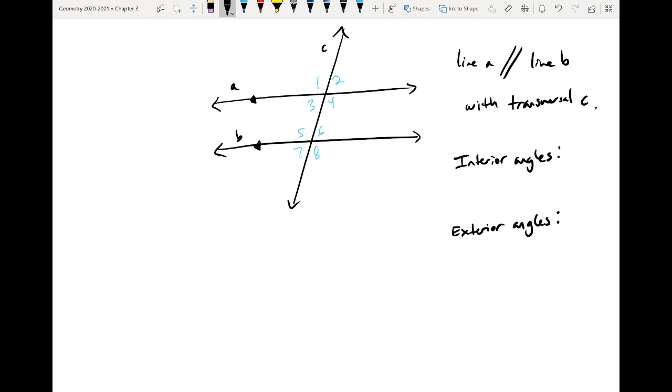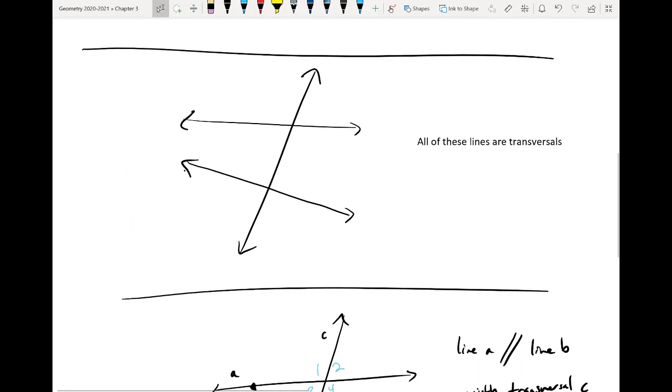I think it's pretty easy, and I hate using the word easy, for us to see in this diagram the notion of being interior, inside, and being exterior, outside. Now, it doesn't always have to be with parallels, because we can have a transversal, as we already saw, like the example up above where the transversals are not parallel. All these things are transversals.